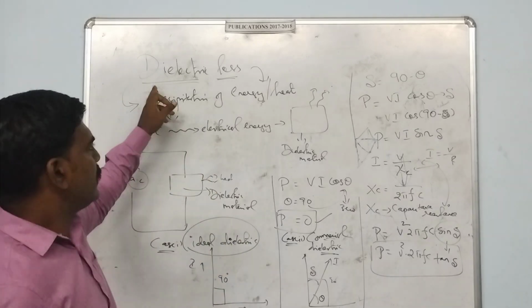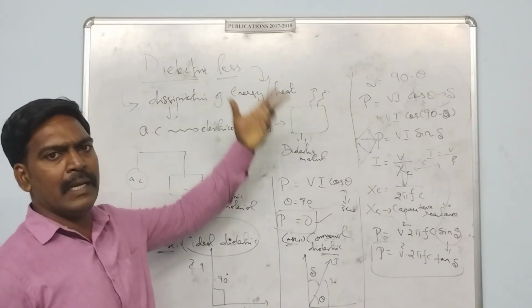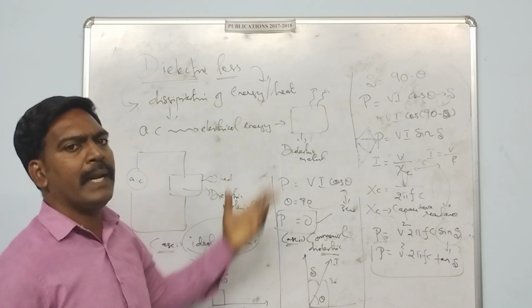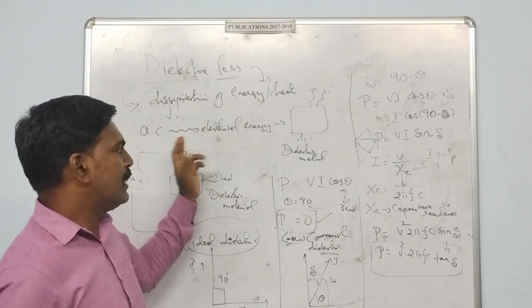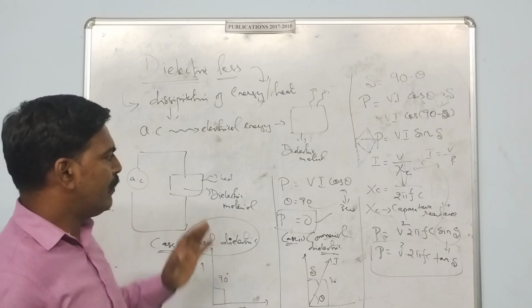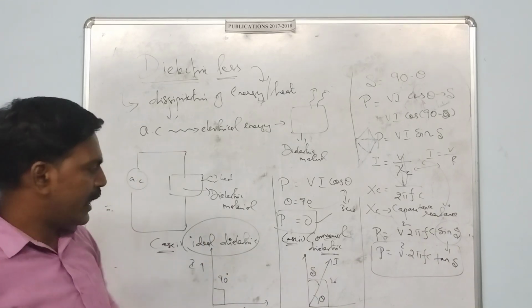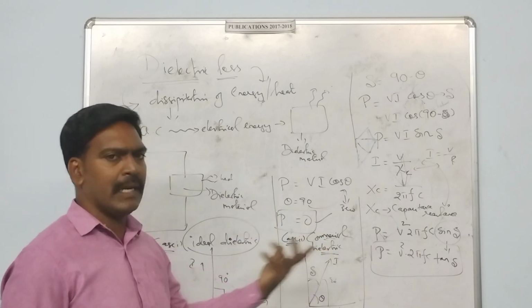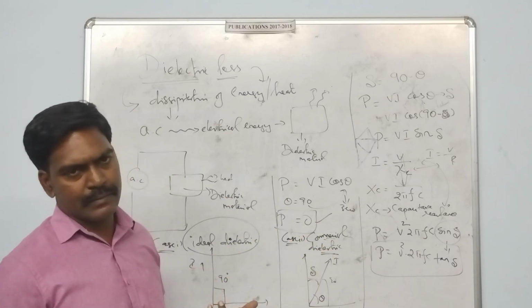Okay, so first you know the dielectric loss. What is meant by dielectric loss? It is nothing but the dissipation of heat energy when we apply electrical energy or AC current to the dielectric material. Then we split into two cases: for ideal dielectric, what happens, and for commercial dielectric, what is the value of power loss?